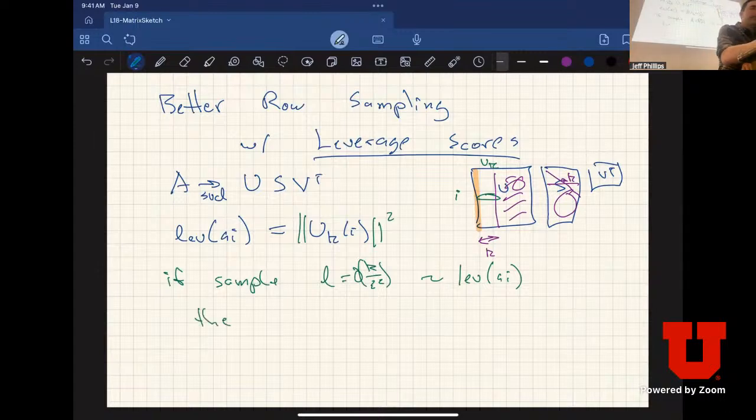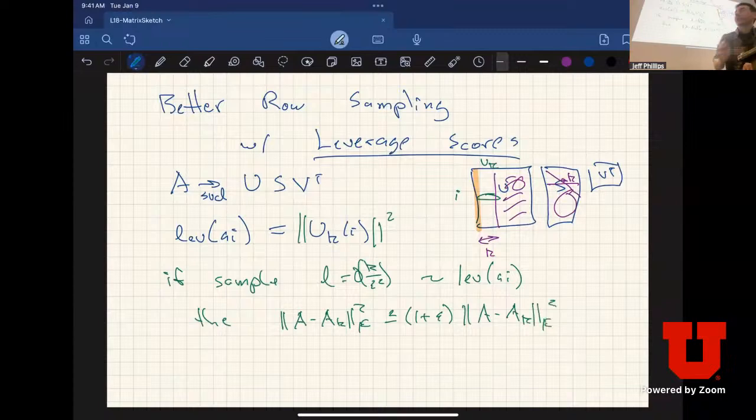Then I'm going to have the property that the Frobenius norm squared of A minus the projection is less than or equal to 1 plus epsilon times the norm of A minus A_k. Okay, so then I can get the relative error here. Here, this is projection onto B of A. Right, so the subspace I captured from B is a 1 plus epsilon approximation.